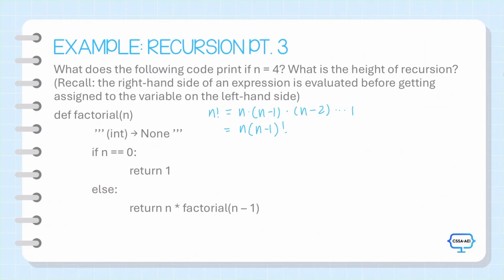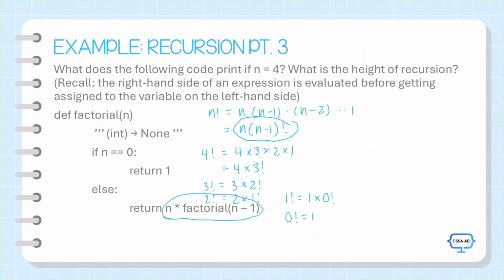For example, 4 factorial can be written as 4 times 3 times 2 times 1, or we can do 4 times 3 factorial, and then 3 factorial is 3 times 2 factorial, and 2 factorial is 2 times 1 factorial, and 1 factorial is 1 times 0 factorial, and 0 factorial is 1. So that's the thought process here. We're taking n times the factorial of n minus 1.